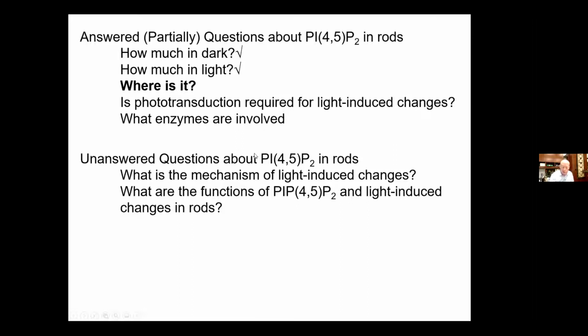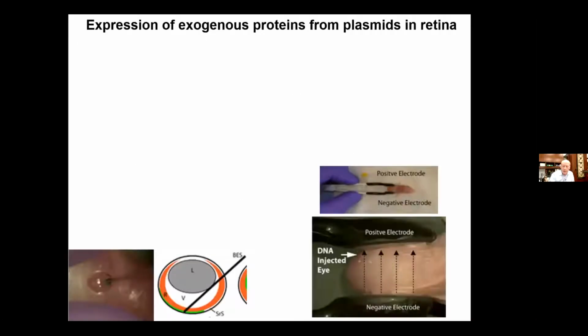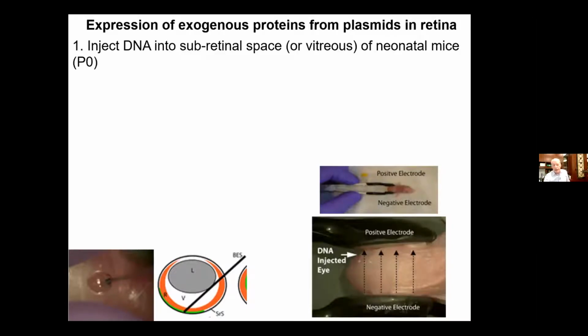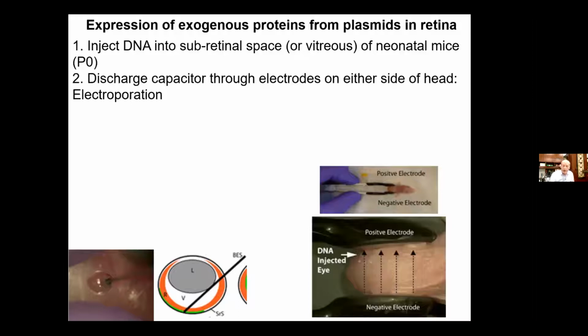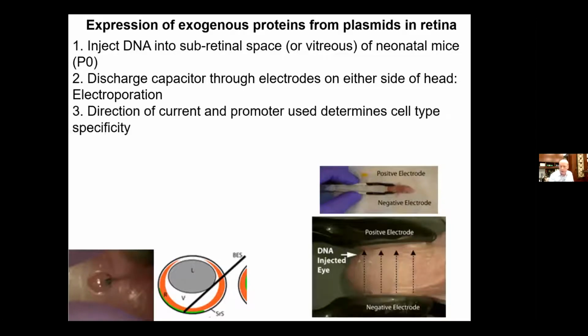The next question I'd like to address is where PIP2 is located. And in order to explore this question, we made use of a technique that was developed a number of years ago in Connie Sepko's lab, which we can express exogenous proteins by injecting DNA into the subretinal space of neonatal mice and basically discharging the capacitor through electrodes placed on either side of the head.